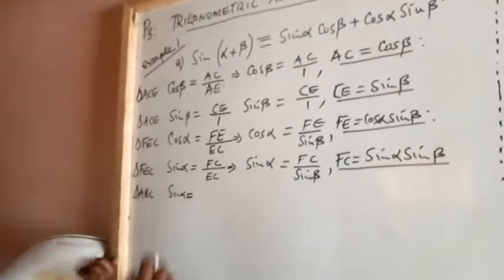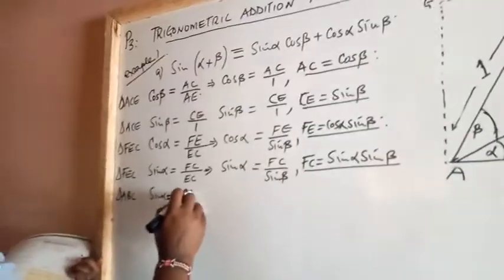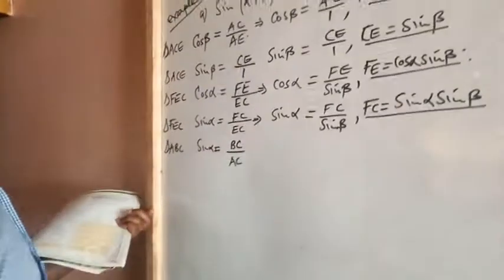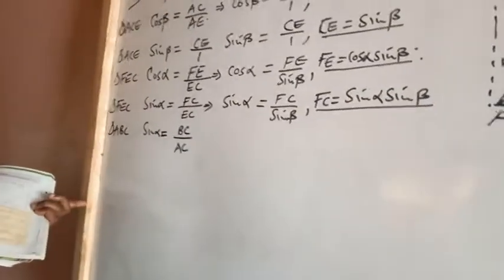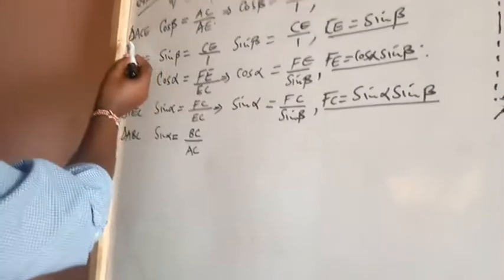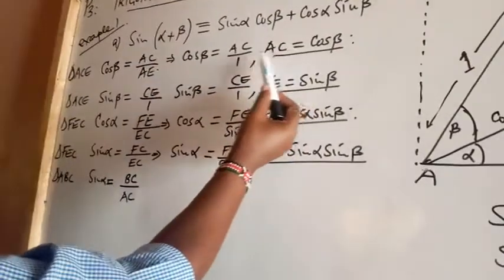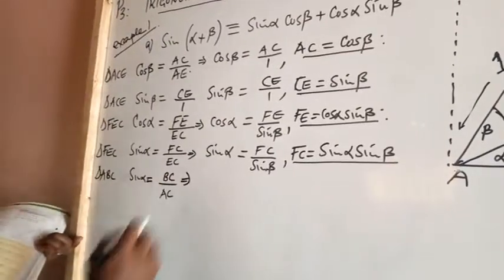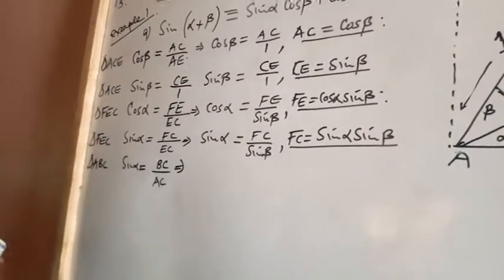Sine alpha is equal to BC over the hypotenuse AC. And remember, in our first explanation, we already know what our AC is.